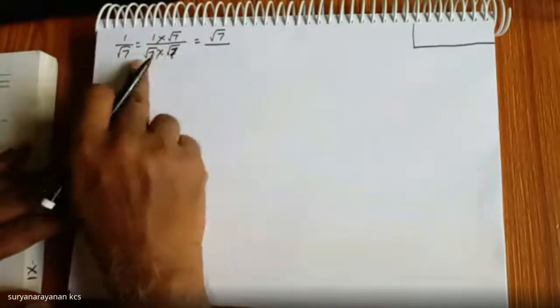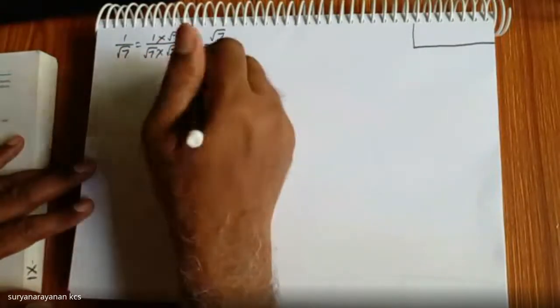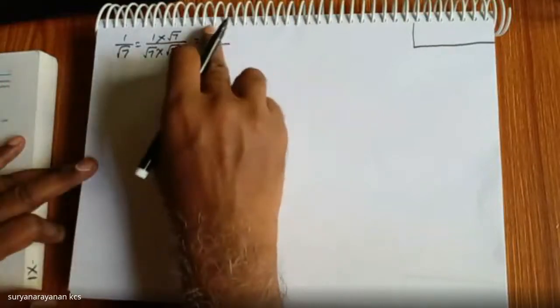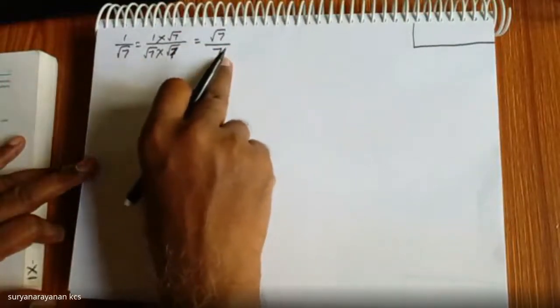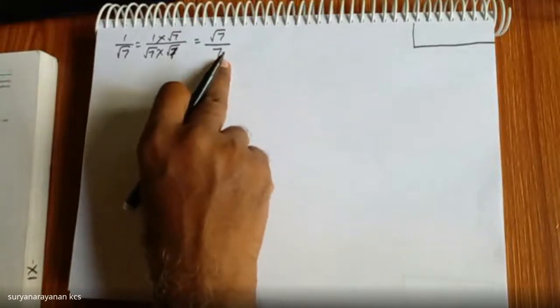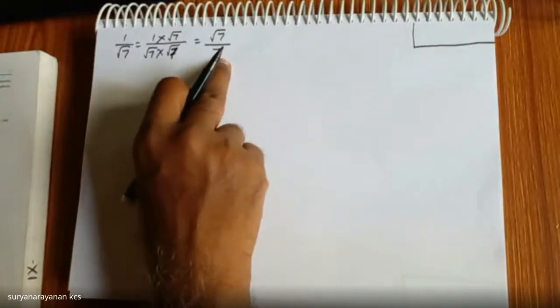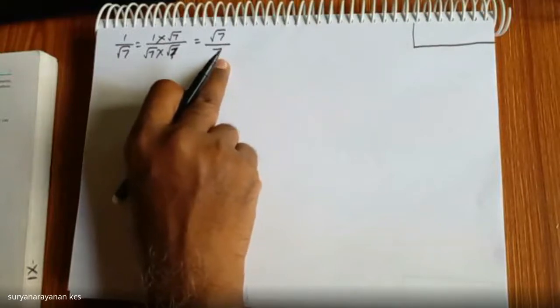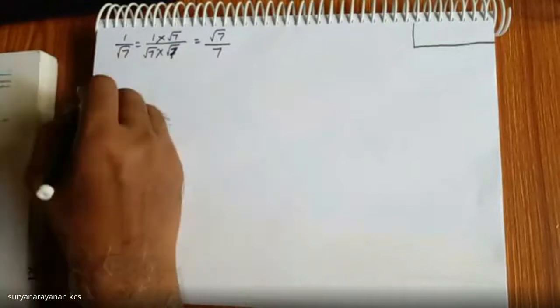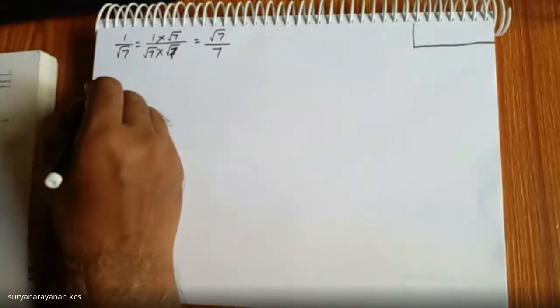In the denominator, multiplying root 7 into root 7, we get 7 only. In the denominator we got 7, which is a rational number. We made the denominator a rational number. This is called rationalization of the denominator. Okay, my children.